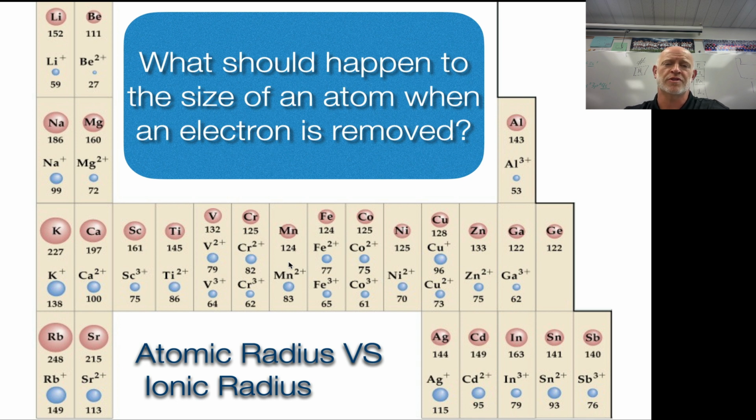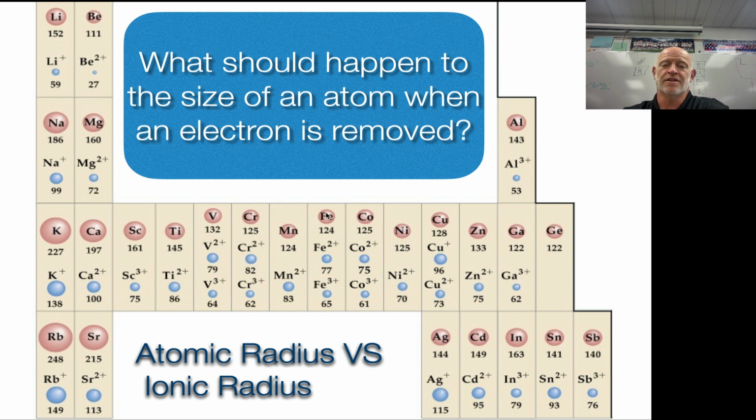So each electron doesn't feel the pull from 1 proton now. It feels the pull from 1 proton plus a portion of the proton that doesn't have an electron anymore, okay? Now, they don't pair up like that, but the idea is that way, okay? What if you remove 2 electrons? So, for example, like iron, it removes 2 electrons or even 3 electrons, okay?